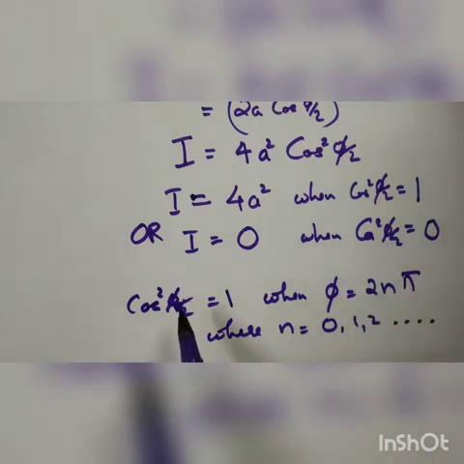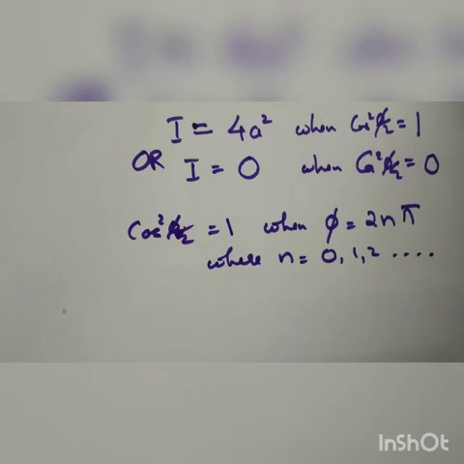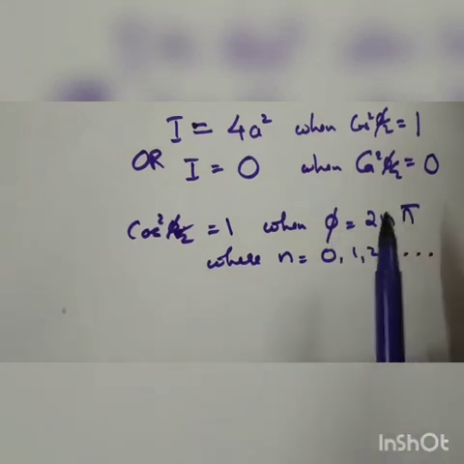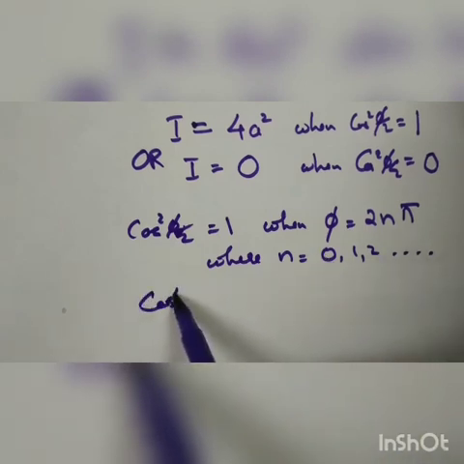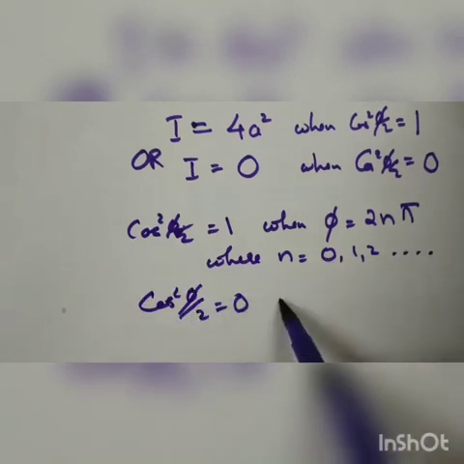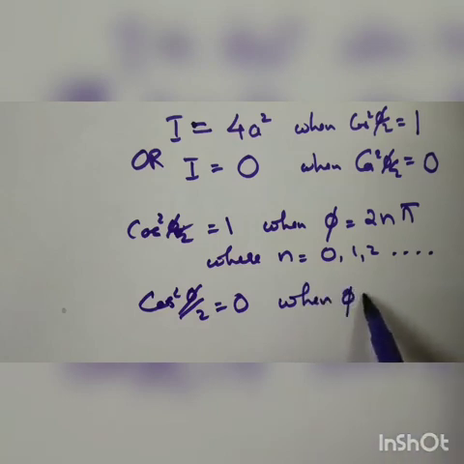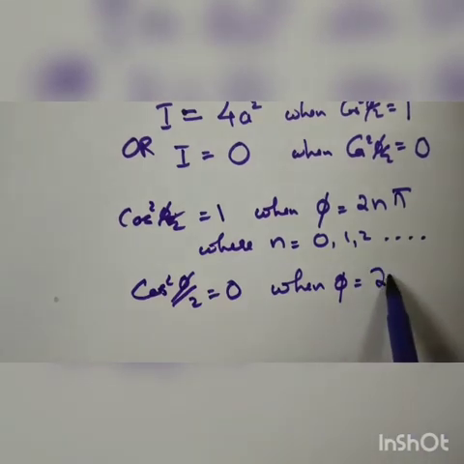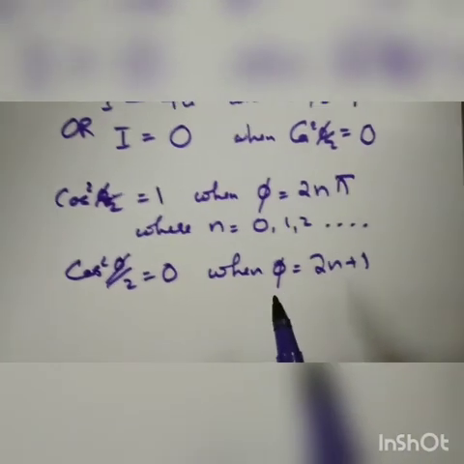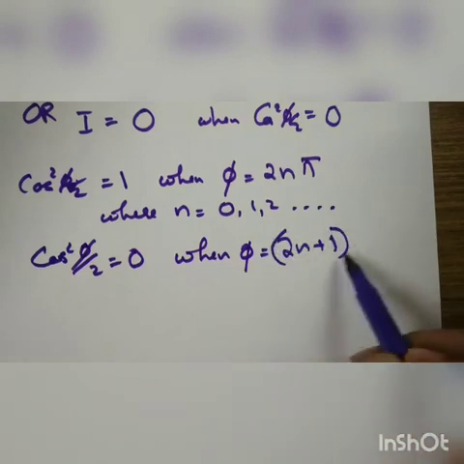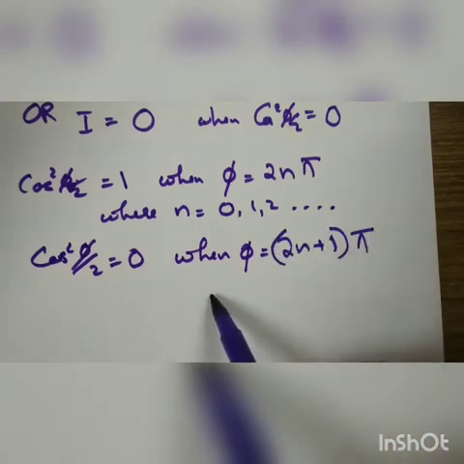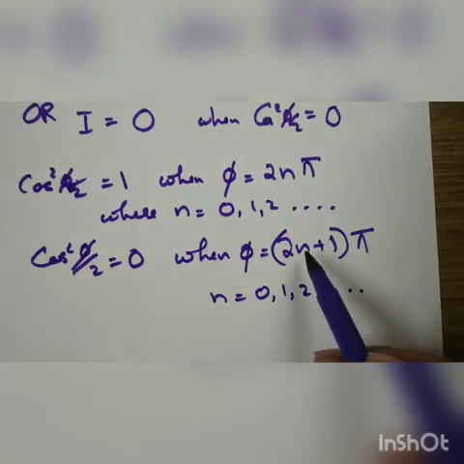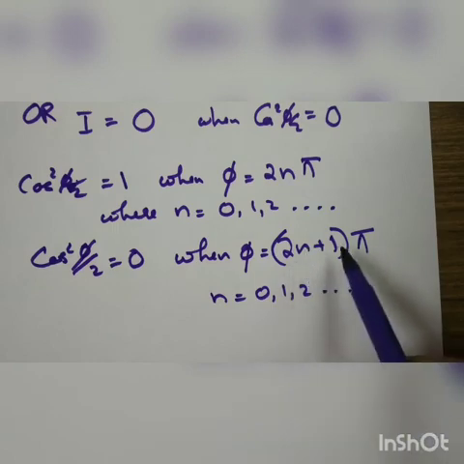For these values of phi in cos square 5 by 2, what happens? The intensity is maximum. And cos square 5 by 2 will be 0 when phi equals 2n plus 1 pi, where n equals 0, 1, 2, 3, etc. When you put 0, what happens? 1 pi.